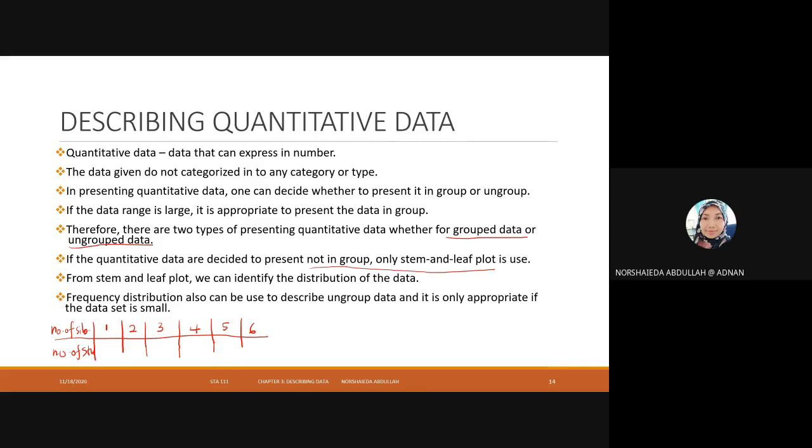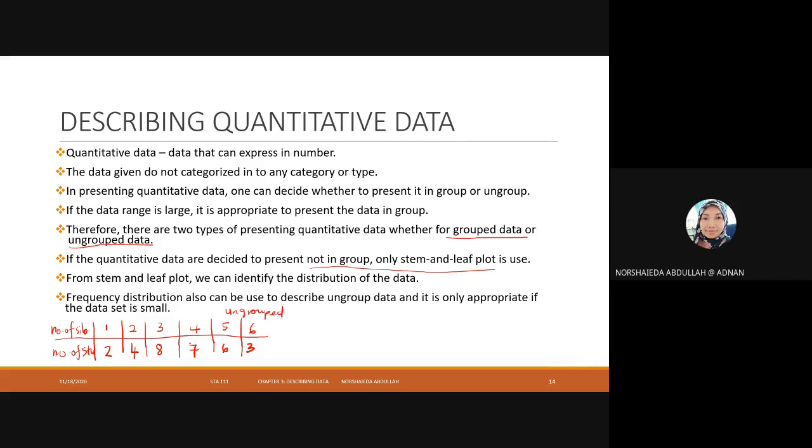Let's say one sibling has 2 students, this one 4, 8 students, 7, 6, and this one say 3. So this is the frequency distribution for ungrouped data.